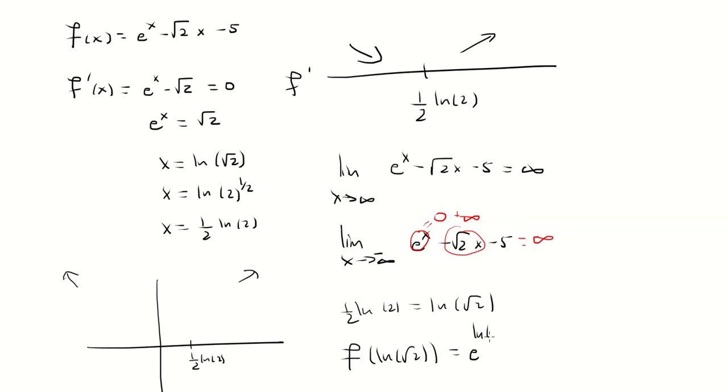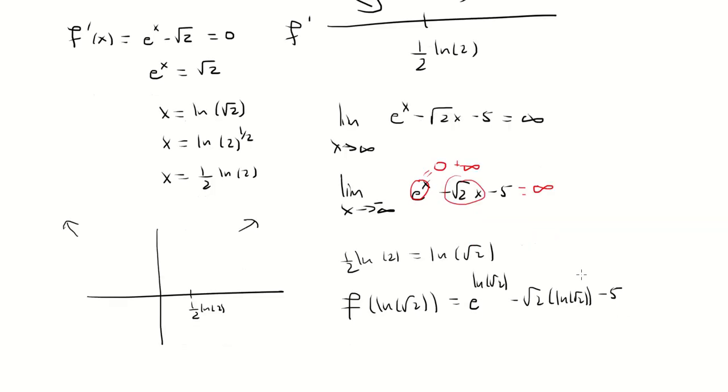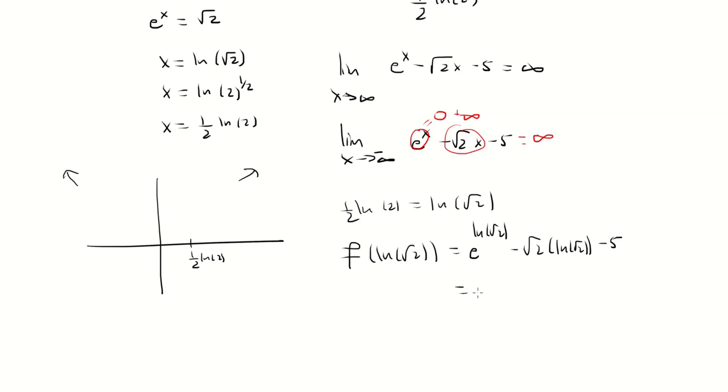That's e to ln of root 2 minus root 2 times ln root 2, and then minus 5. E to the natural log root 2, the e to the natural log cancel. We have root 2 minus root 2 times ln of root 2 minus 5. We have root 2, factor that out, we have 1 minus 1/2 ln of 2 minus 5.